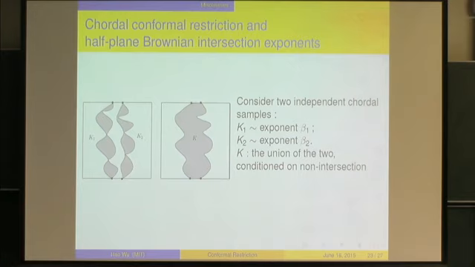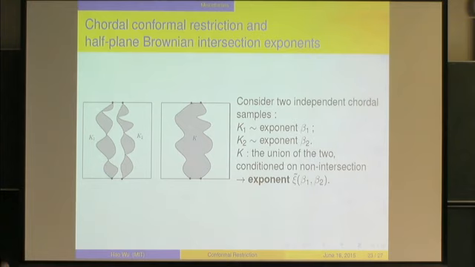But now we want to do something weird. We condition on the event that these two sets avoid each other, and then we take the union of the two. The union is still a chordal conformal restriction sample, and now the exponent becomes the half-plane intersection exponent.